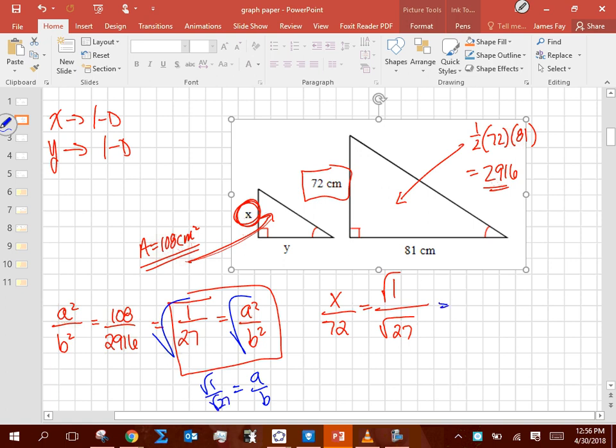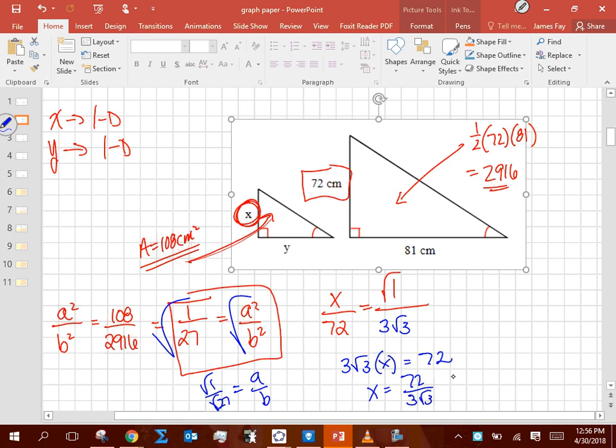Now, radical 27, that's 9 times 3, right? So it gives me 3 radical 3 here. Cross multiply. So it's going to be 72. Radical 1 is just 1. So now I'm going to take x, and it'll be 72 divided by 3 radical 3.